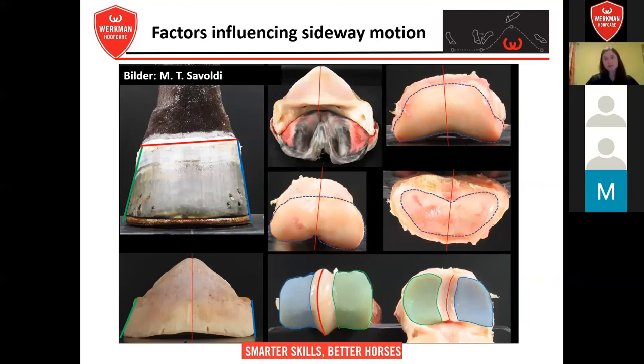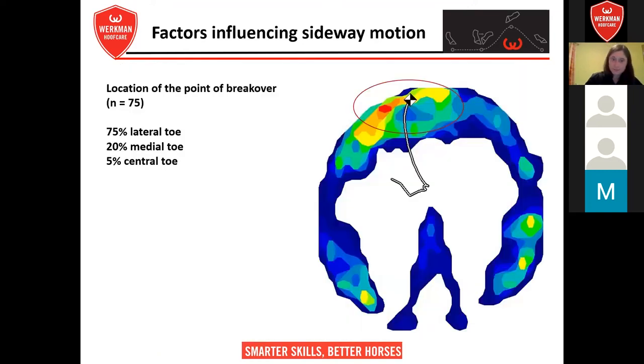And here I just have the example again. This is just to show you the asymmetries in the joint surfaces. I think you can imagine if you have these asymmetries, it's very likely that this horse has deviations in the sideways motion during swing phase as well. And here again, this is just to show you that most of the horses break over the lateral toe.